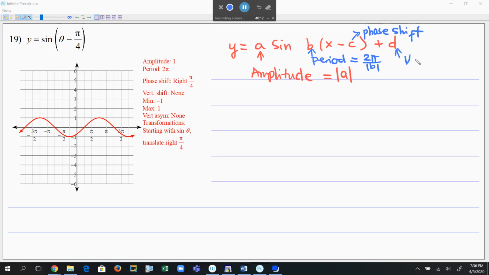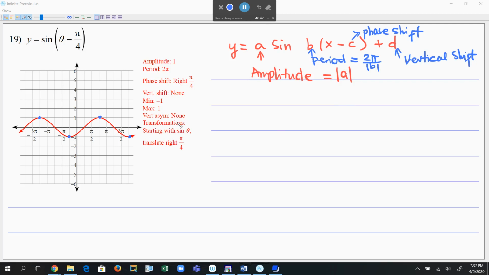D will be our vertical shift, so no vertical shift. And no vertical asymptote. We also have the absolute maximum is 1 and the absolute minimum is -1. Okay, you can see that.